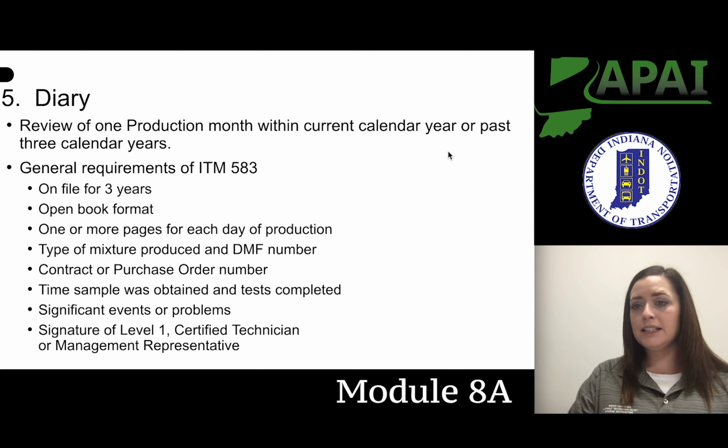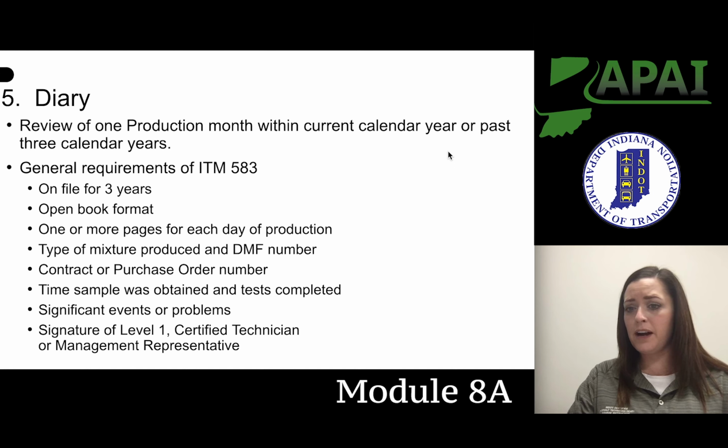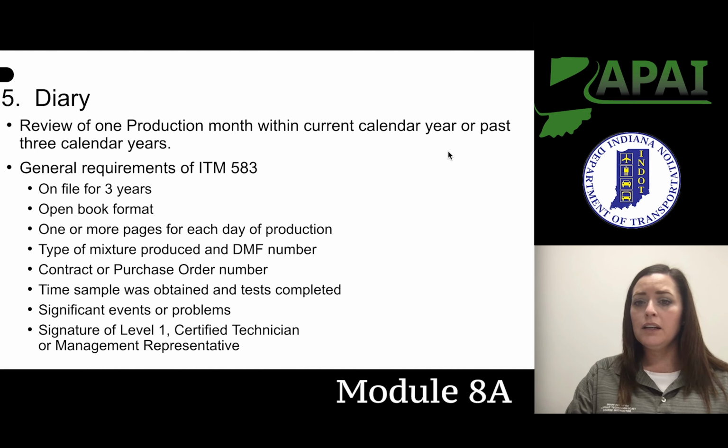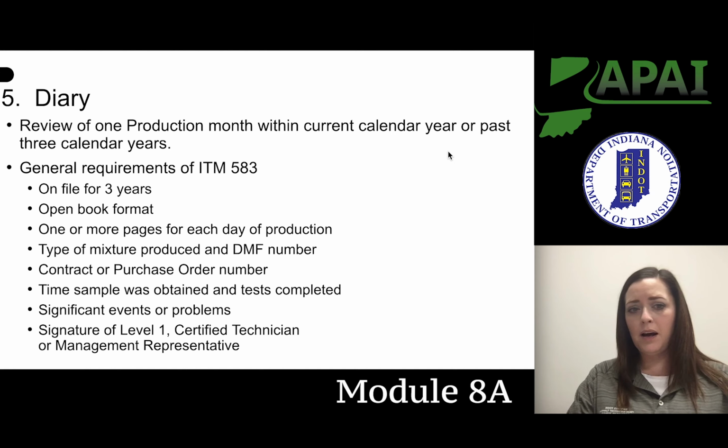If test results are found to have problems because they're outside of tolerance, then we can go back at a later date and say, oh yeah, at this time we were having a problem with one of the belts on the plant and we had to shut down. So that may cause some errant test results that we were not predicting or that are not representative of that mixture.